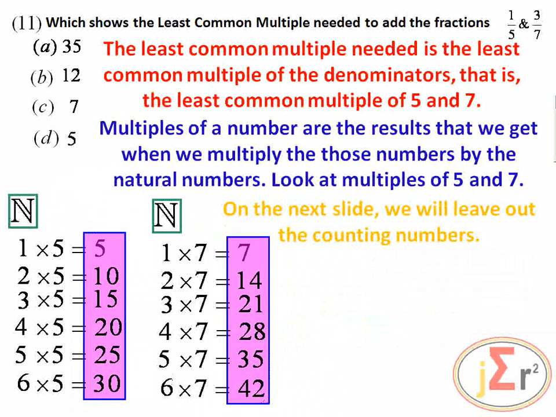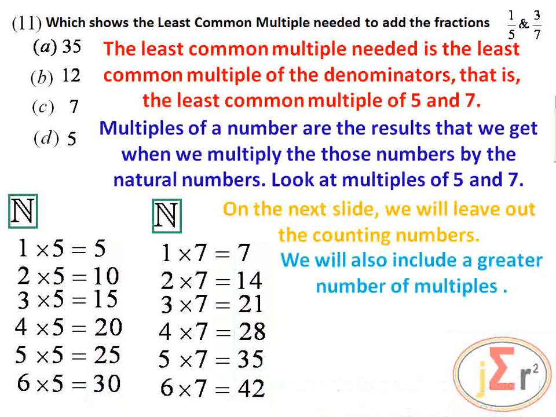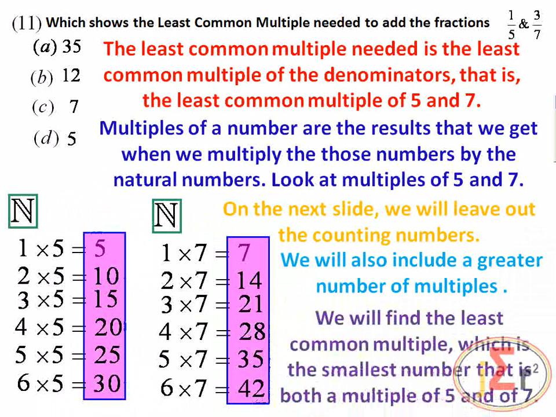On the next slide, we will leave out the counting numbers. So we will write down the multiples, but we will not include the natural numbers. We will also include a greater number of multiples. Why do we include a greater number of multiples? So that we can catch the common multiple.